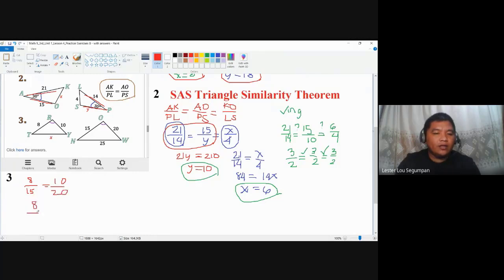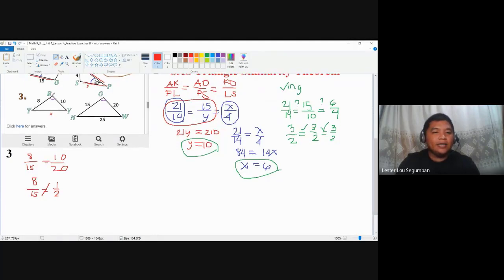Take note that 10 over 20 is 1 half, but 8 over 15 is not 1 half, right? Therefore, RT over ON is not equal to RY over OW.